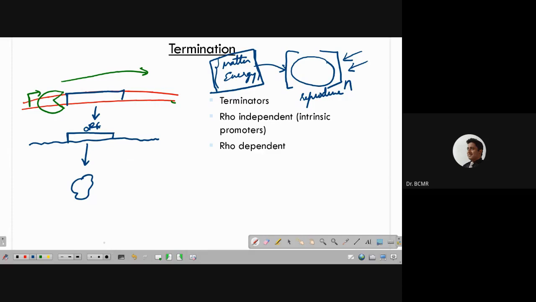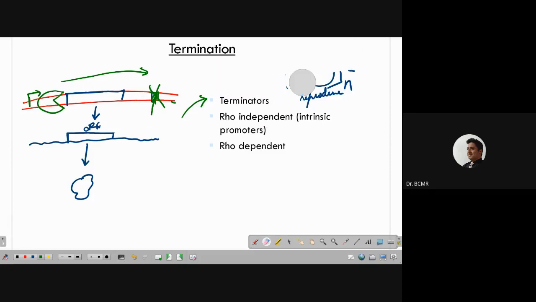Okay, so because of this kind of phenomena, there should have been some sequences around here. Those sequences should somehow, the termination should have occurred here, right? And for that, genetic elements called terminators are there. There are two different types of termination processes that we will look into.